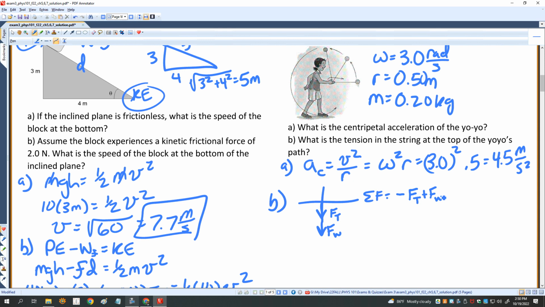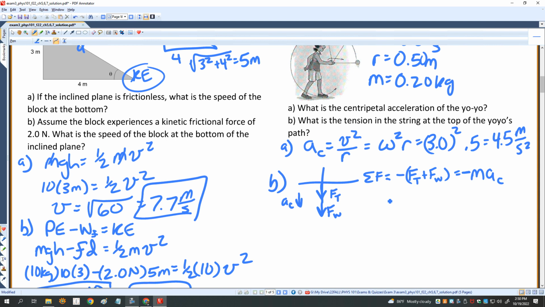They're both in the negative direction, equal to m times ac, but that's also in the negative direction. The centripetal acceleration is downward. So I can solve now for the tension in the string at the top. So that's Ft plus Fw equals m ac, or Ft equals m ac minus Fw.